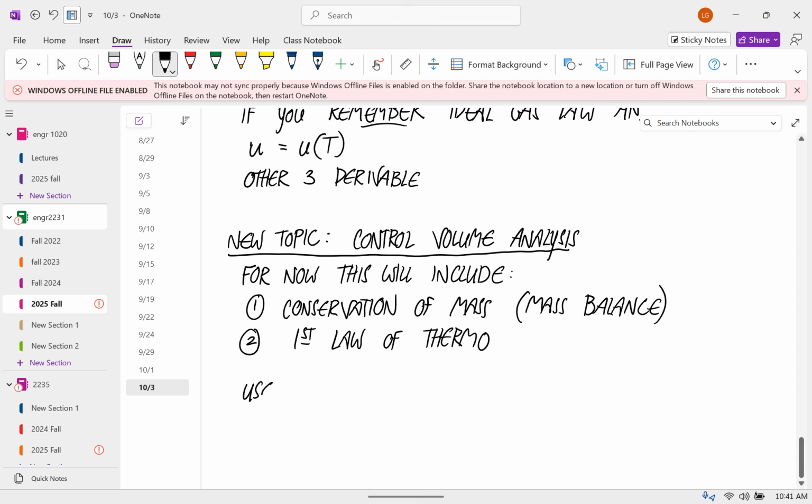So this is useful for fluids, which means gases and liquids.